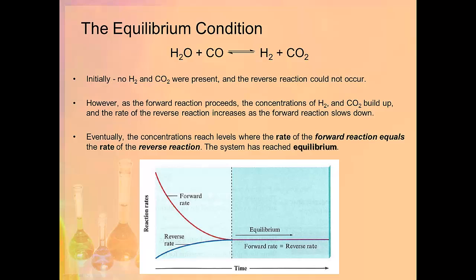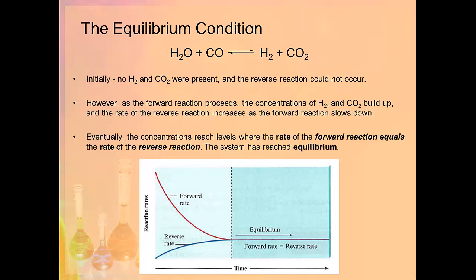Now the thing is, that's not always going to be a 1:1 mix or a 50-50 mix. You're not always going to have the same concentration of starting materials as you do products. You're not always going to have the same concentration of the molecules on the left hand side as you do the molecules on the right hand side. So the equilibrium position, in other words, could be to one side or another.